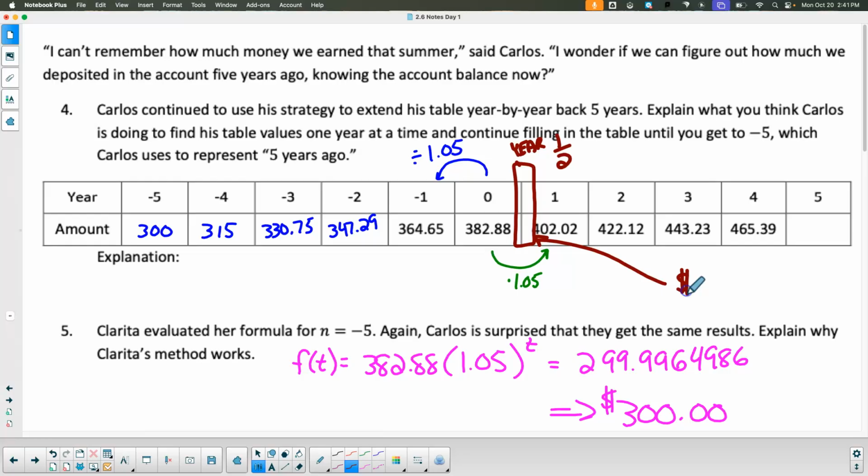I got $392.45. Tell me how I got it. Because you started with 5% interest, it's only a half year, and 5% is a whole year, so if you divide 5% by 2, it's 0.025, but you also have 100, so that's 1.025, and then that times 382.88.